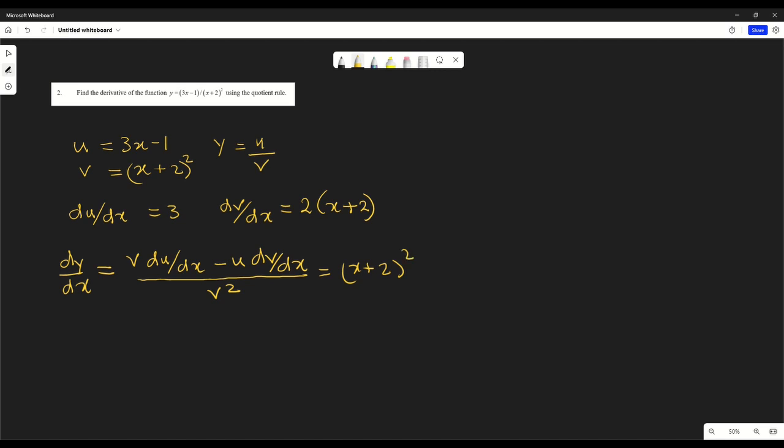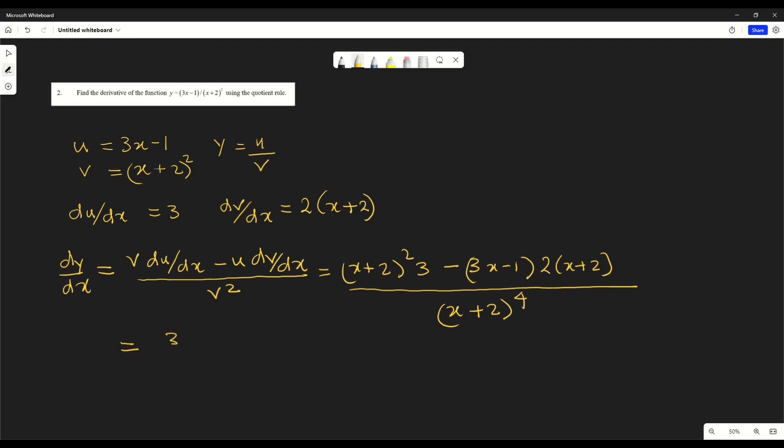So we can write this as v, so that's x plus 2 squared, multiplied by 3, minus u, so that's 3x minus 1, multiplied by dv dx, so that's 2 times x plus 2, and then divide that by x plus 2 squared all squared, so that's x plus 2 to the power 4.